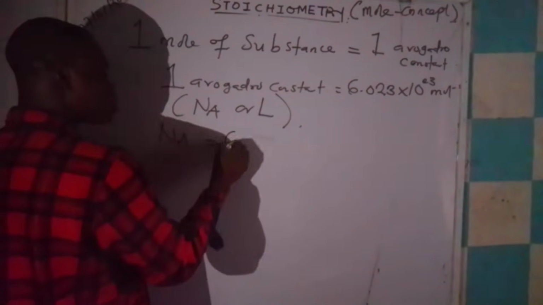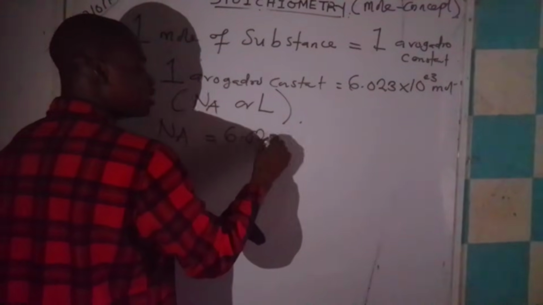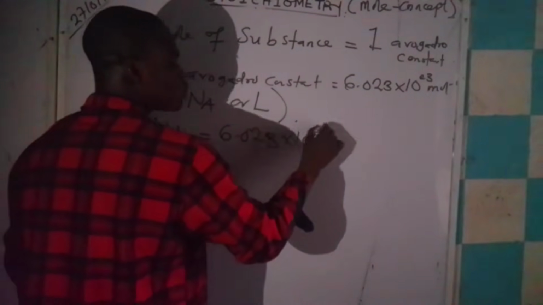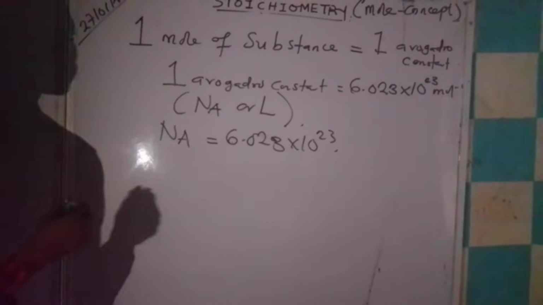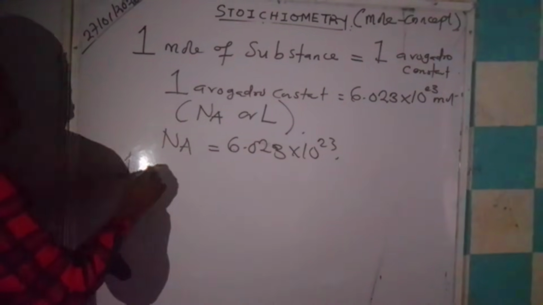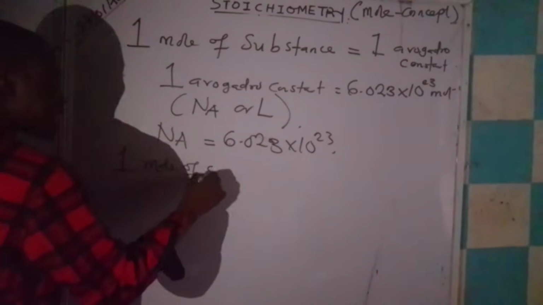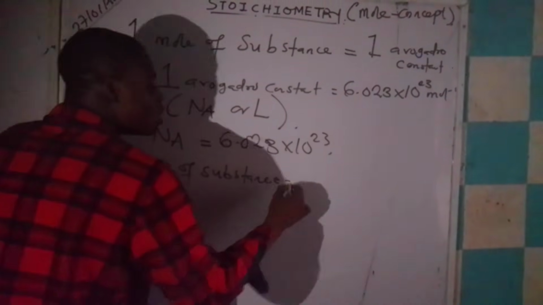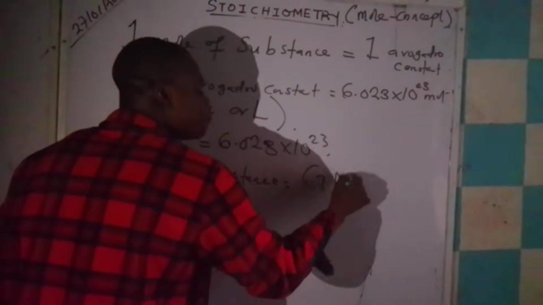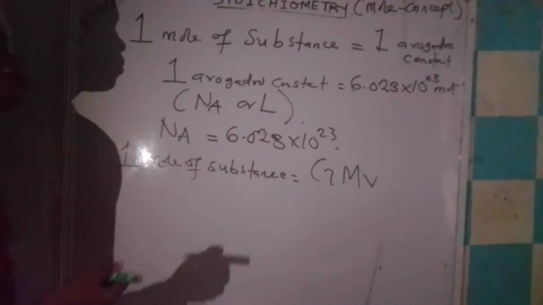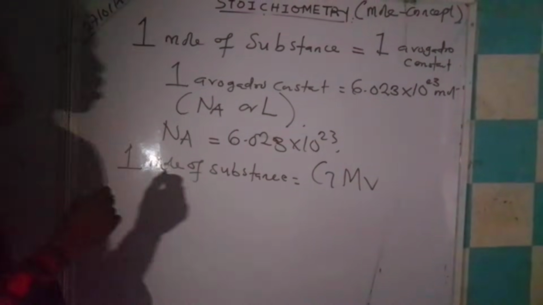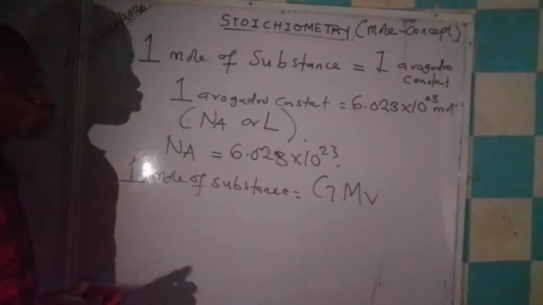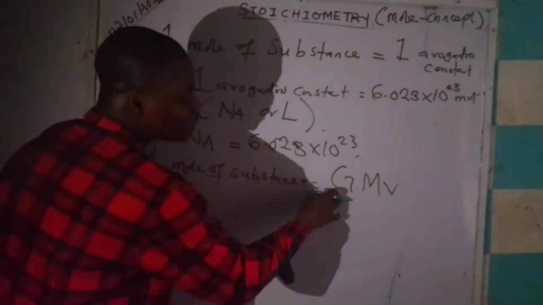So which is called what? 6.023 times 10 power 23. That's the first thing you have to know. Also, one mole of a substance is equal to GMV. Now, what do you mean by GMV?